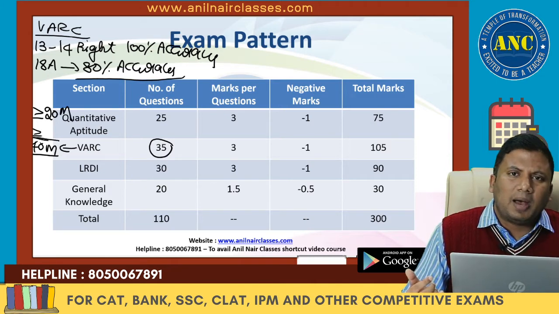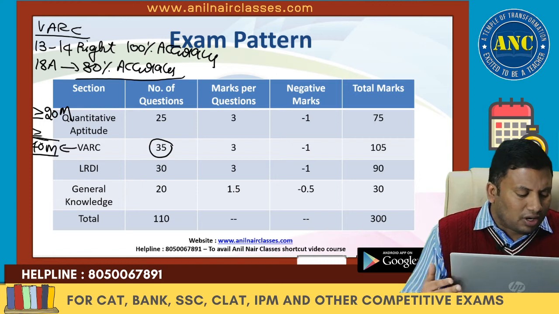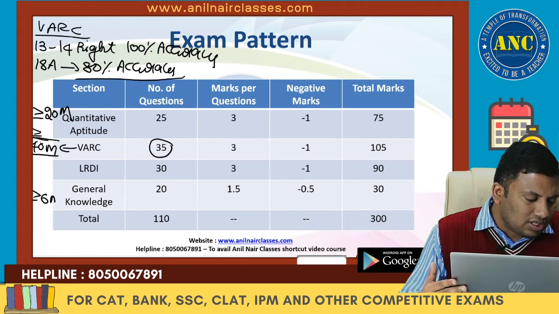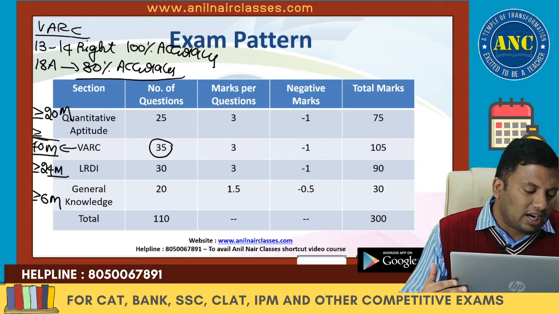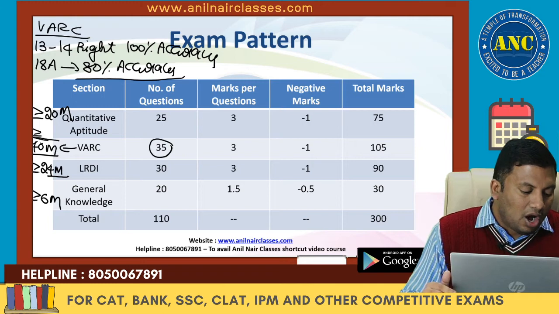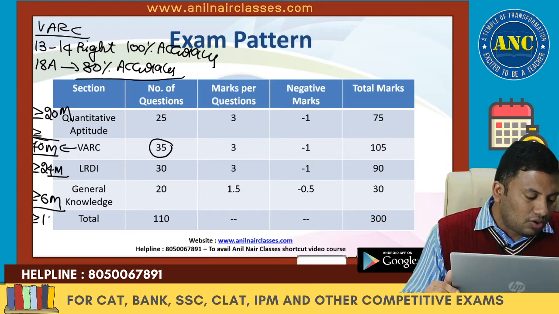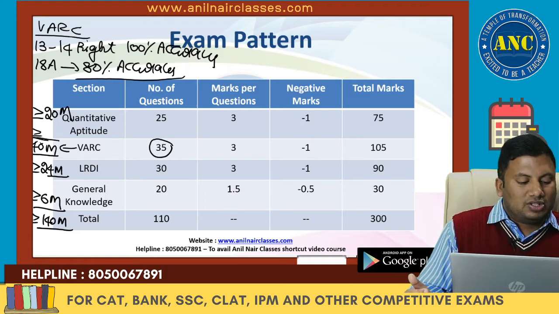In general knowledge, 3 to 4 right answers are enough, so 6 marks. And in LR and DI you should try to score anywhere greater than or equivalent to 24 marks. In total, you should try to score anything greater than or equivalent to 150 marks to maximize your chances.